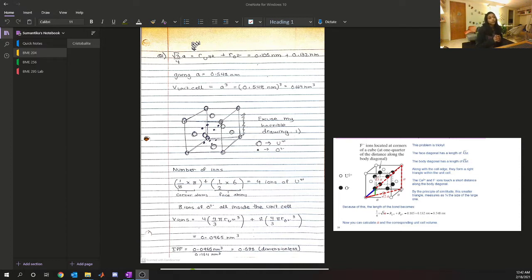In this case, we have to use the body diagonal so that we include the oxygen atoms in our calculation, because they are technically inside the unit cell.